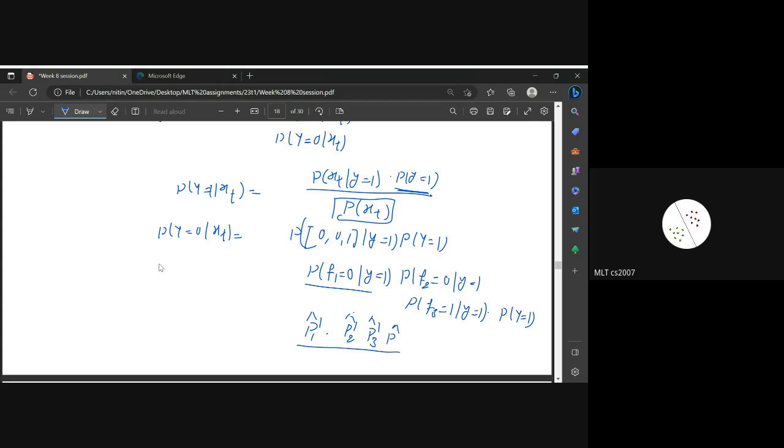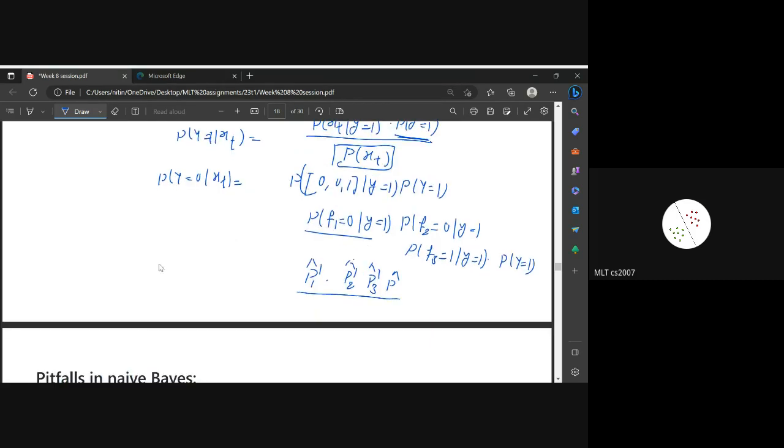So you know these values, you have these particular probabilities with you. Now for finding this, this is P y equal to 1. For the other one, this will become P y equal to 0. This is proportional, not the exact value, right? P y equal to 0 given xt will become, in this notation, P1 0, P2 0, P3 0, and this will become 1 minus p hat, right?